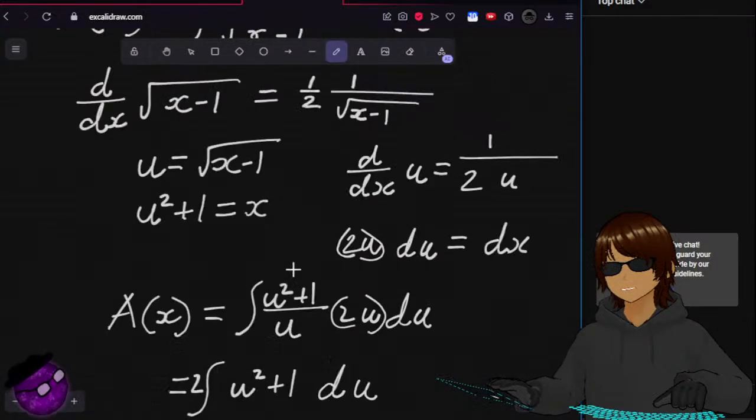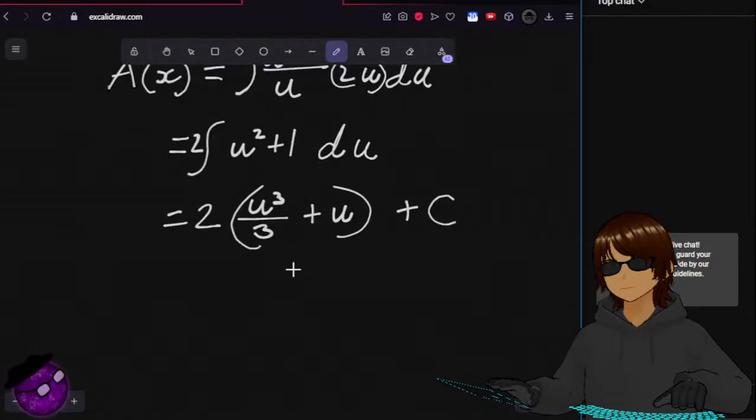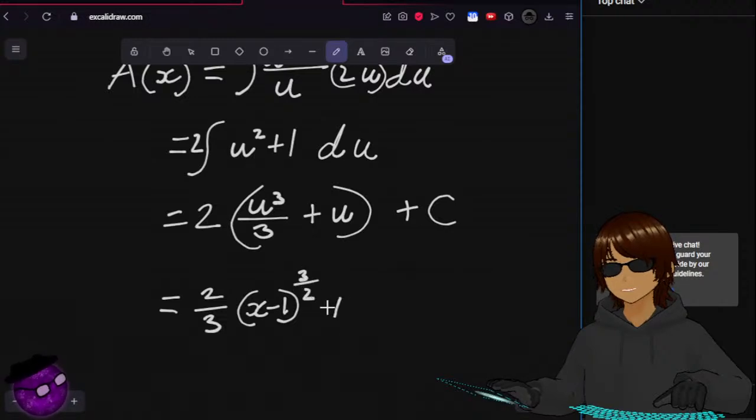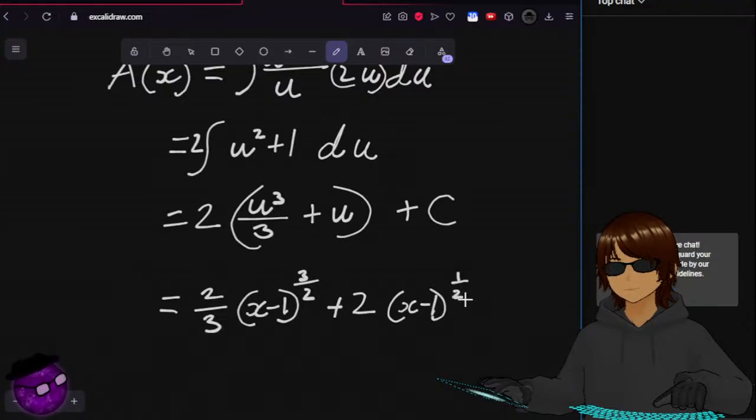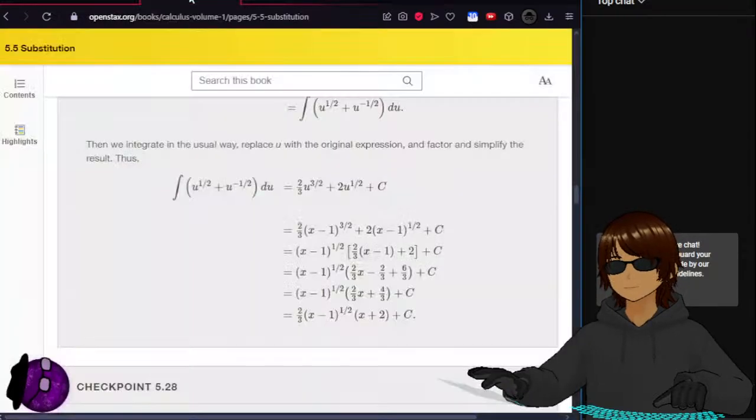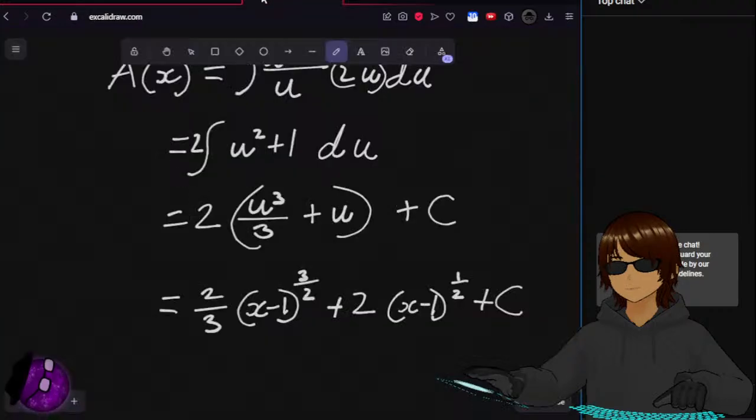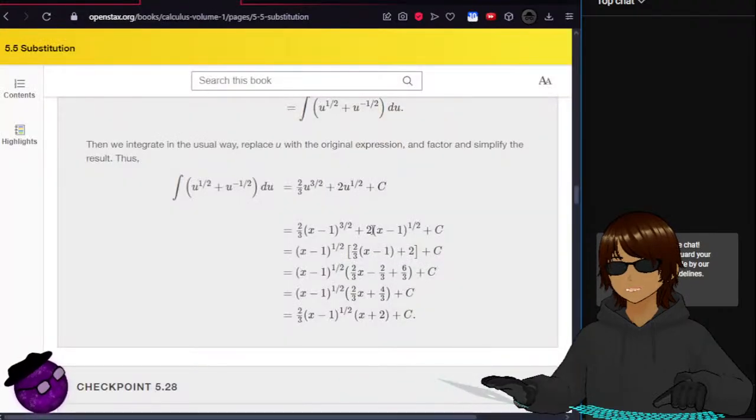U cubed, wait, let me evaluate this. So this gives 2 over 3 x minus 1. Since it's a root, it will have this, and 2 x minus 1 to the power of half plus c. Is this correct? Yeah, I guess so.